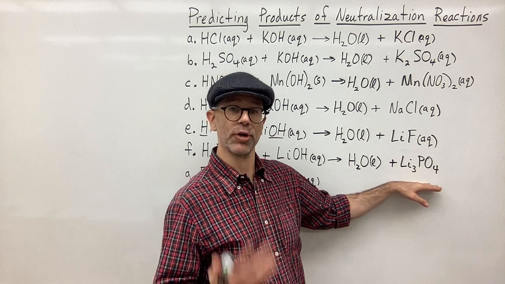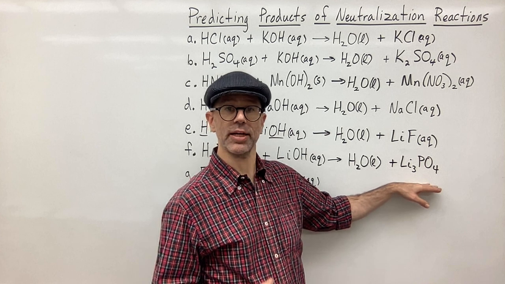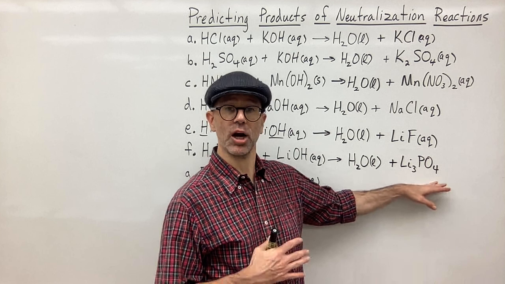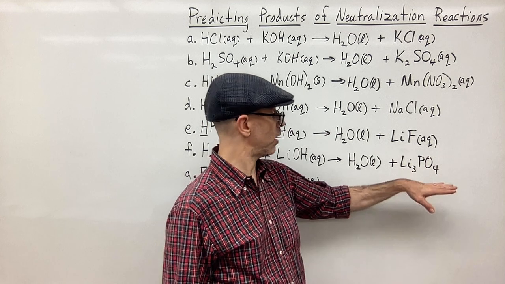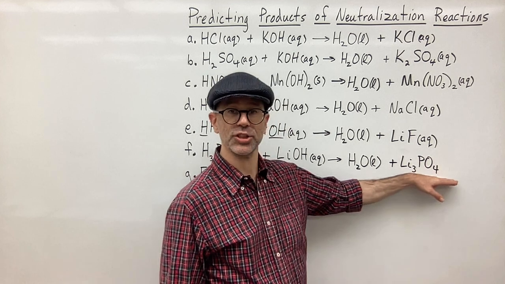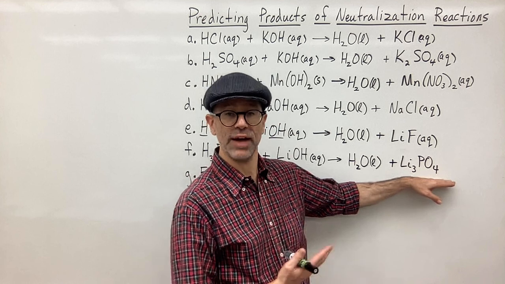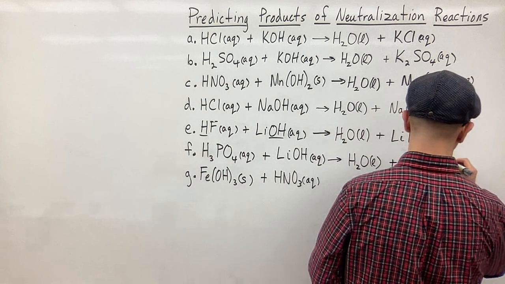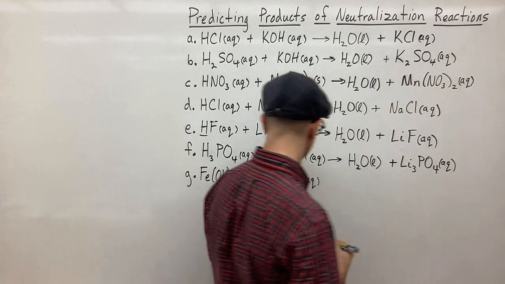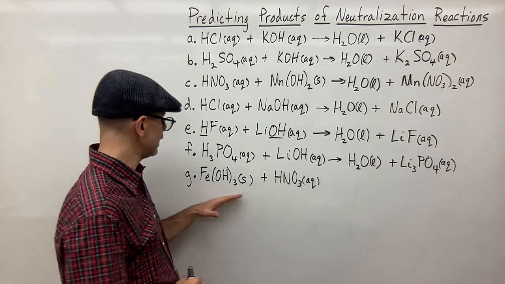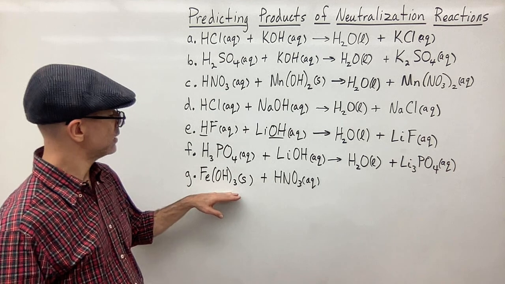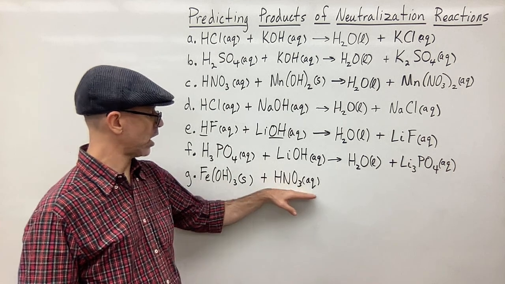Remember, the first rule of solubility has to deal with the group 1 metal. So group 1 metals are always soluble. So even though phosphates are generally insoluble, if you've got a group 1 metal, then that's going to be soluble. So that's going to be aqueous.